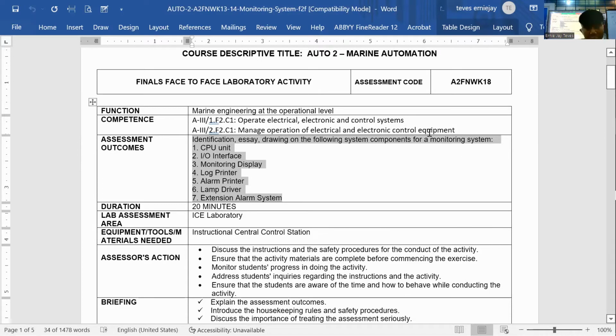The competence is to operate electrical and electronic control systems and manage operation of electrical and electronic equipment. You are going to perform in the ICE lab, the instructional equipment, your instructional central control station. All in all, you are given 20 minutes to perform.